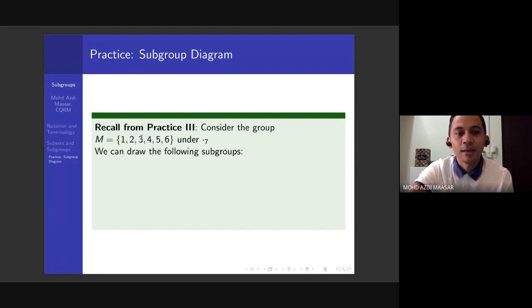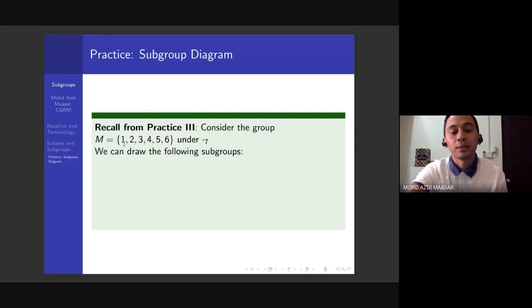The inverse of 3 is 5, because 3 multiplied by 5, when you divide by 7, leaves remainder 1. The inverse of 4 is 2, the inverse of 5 is 3, and the inverse of 6 is 6 itself, because 6 multiplied by 6, divided by 7, leaves a remainder of 1, the identity.